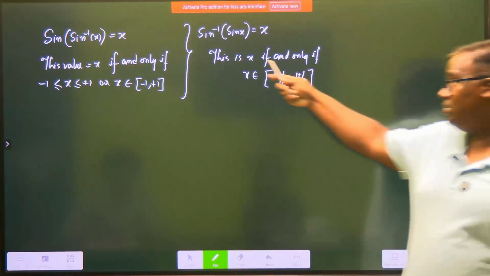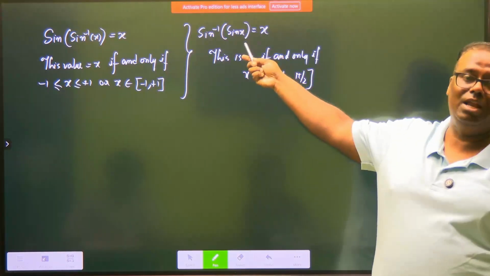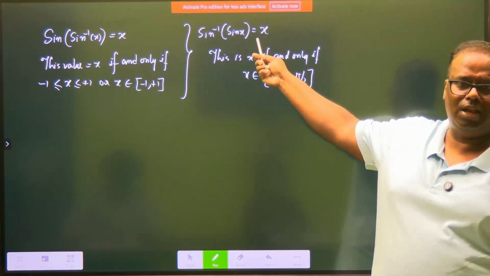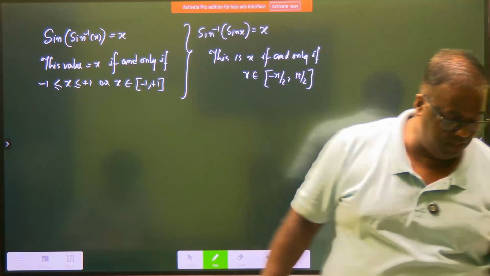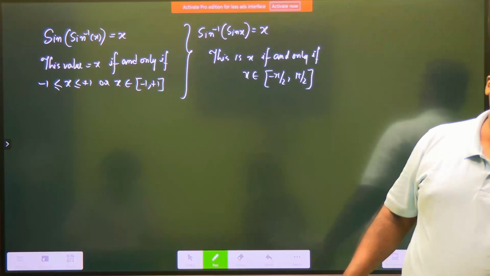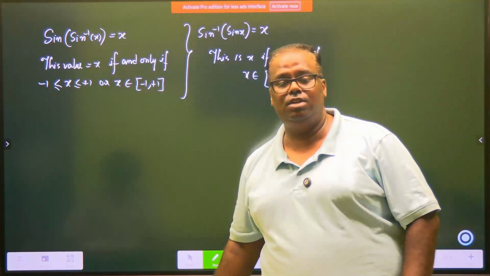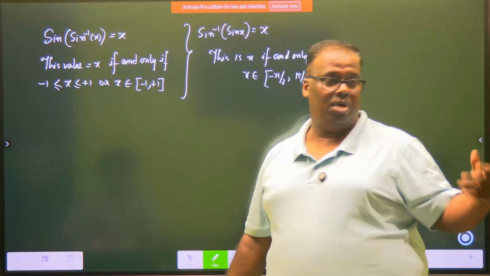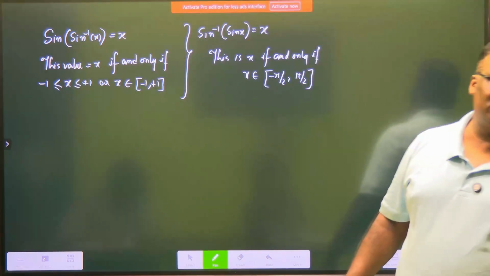And from sine inverse of sine x, you're getting a value. The range is what? The principal range of the sine inverse function is minus pi by 2 to pi by 2.